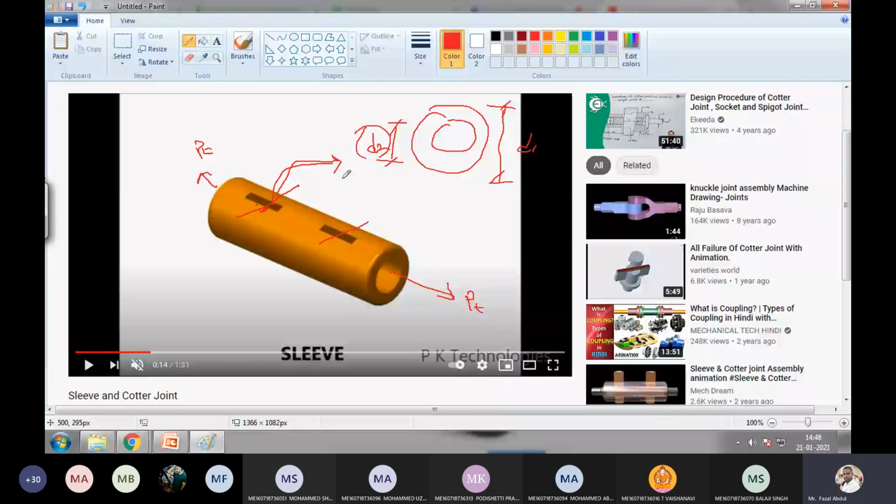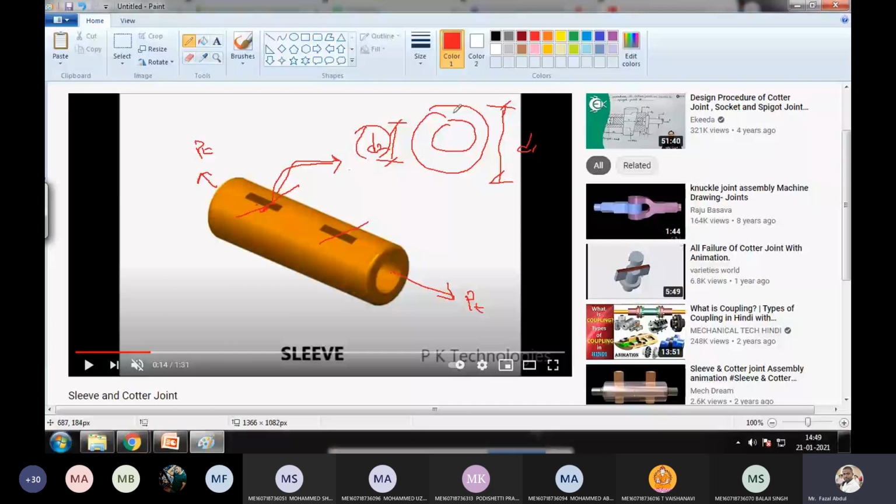And here the slot is provided. That slot I am drawing here. For this slot I am filling with color. So the failure area is this one.